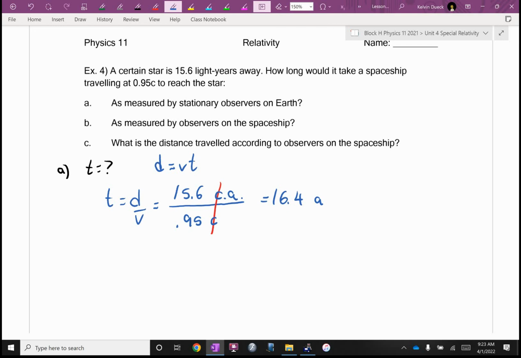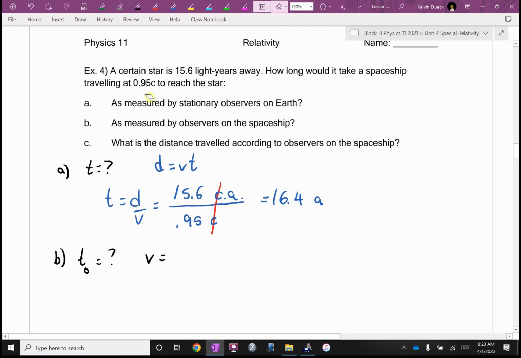Sadie, will that be how long the people on the spaceship experience? No. Sadie, what's B asking me to find? As measured by observers on the spaceship. So is that T or T0, folks? Time on board. Okay, now we're into relativity land. So that must mean they gave me a speed. Did they give me a speed in the question?